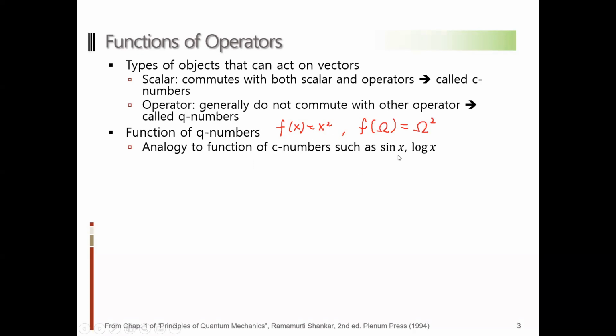Then what about sine x? How can we define sine omega or log omega? There is some hint, because as long as it is represented in terms of a polynomial, we know how to map this form to the operator. So why don't we start with the polynomial?